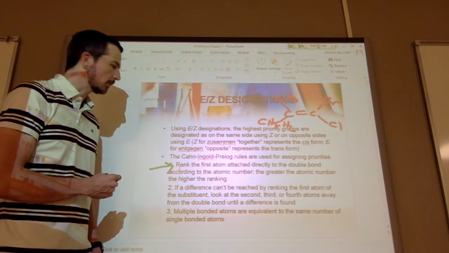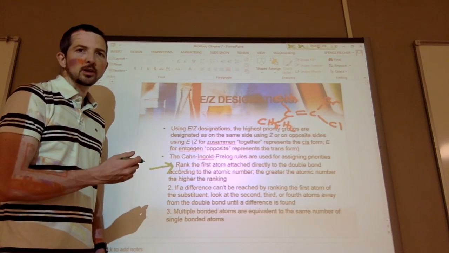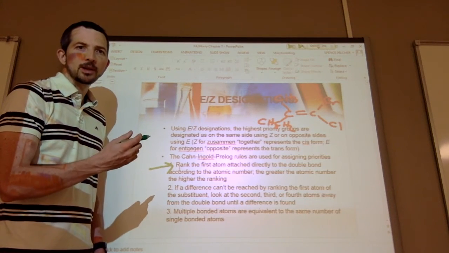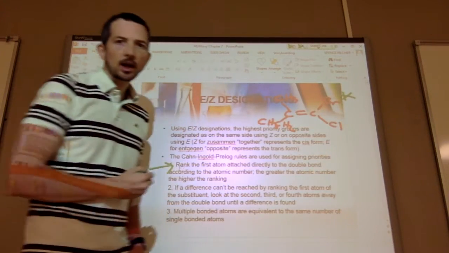The greater the atomic number, the higher the ranking. So if I look over here, bromine and chlorine on one side, bromine has the higher atomic number, higher priority.